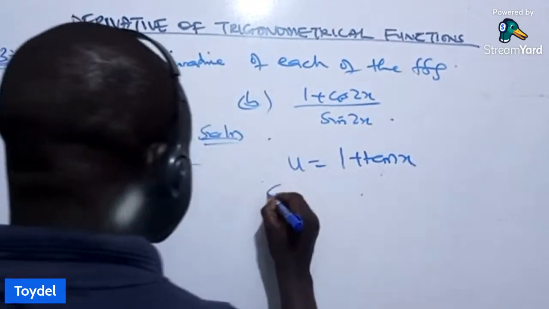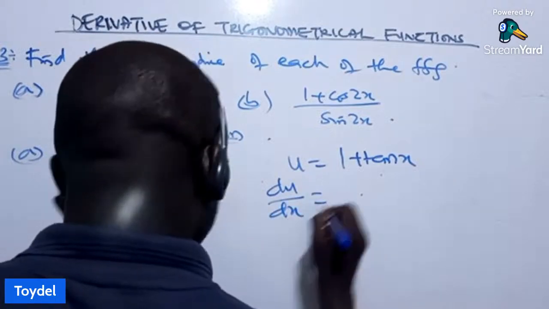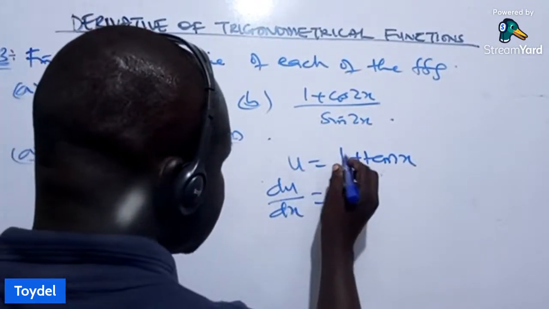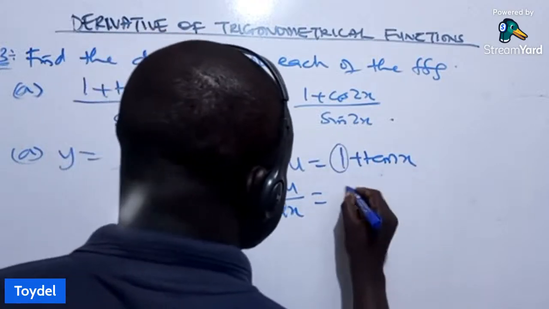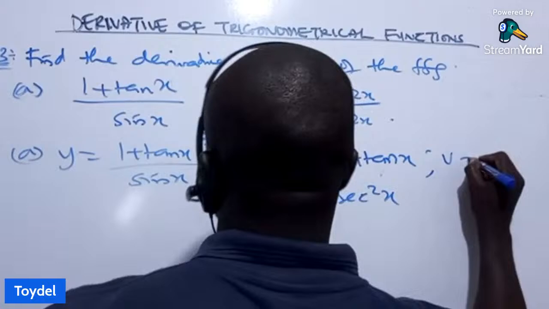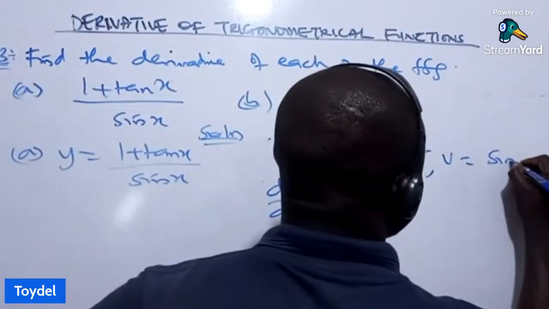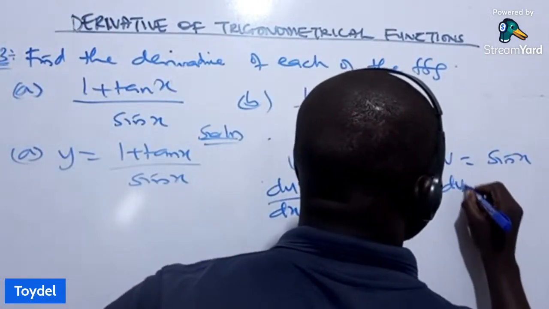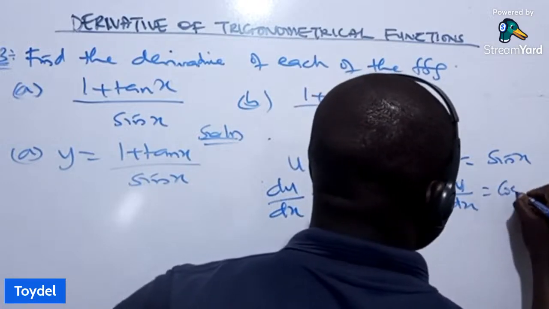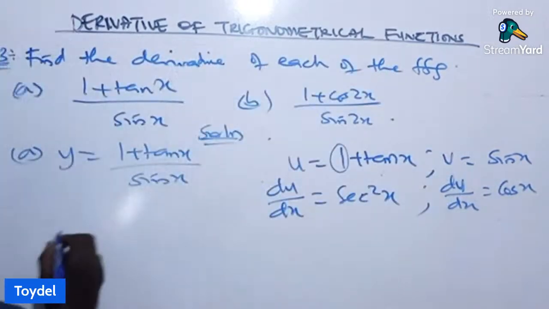Then what is du dx? Du dx will be equal to, differentiation of a constant is 0, but differentiation of tan x is sec square x. Then also v, the denominator, is equal to sine x. Then dv dx, when I have sine x, is cos x.